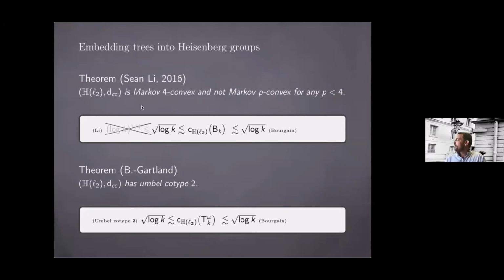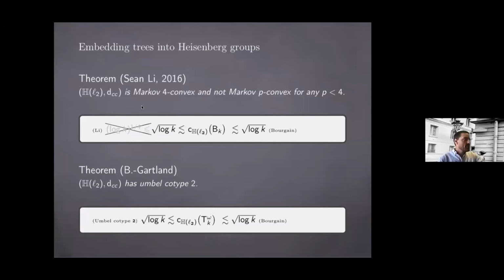Now, for cotype, well, I don't know. It may be that this is another notion of nonlinear cotype, which, you know, the test is to show that it coincides with usual cotype for Banach space.